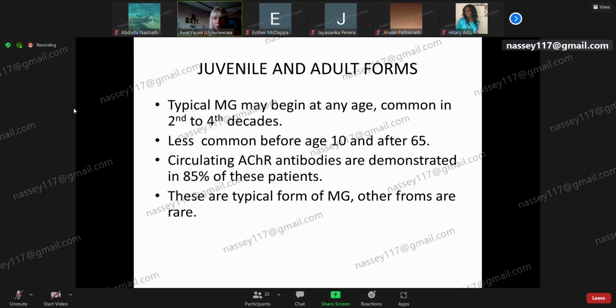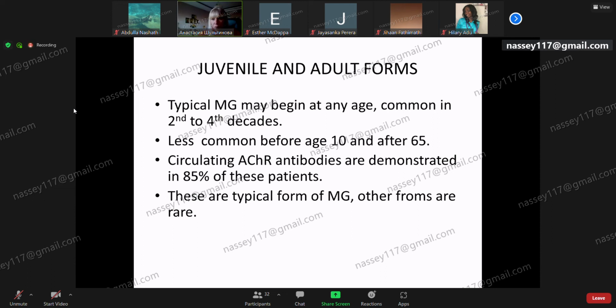Juvenile and adult forms of myasthenia gravis. They typically begin at any age, but are common at 20-40 years. Less common at age 10 and after 65. Yes, after 65, we said before that it's usually myasthenic syndrome. Circulating acetylcholine receptor antibodies are demonstrated in 85% of these patients.